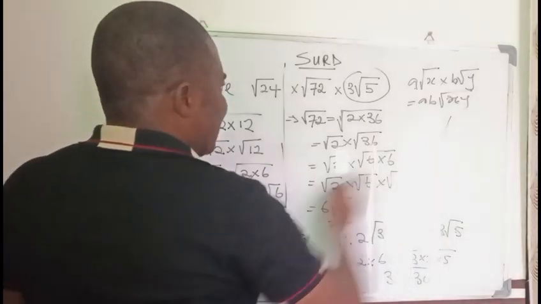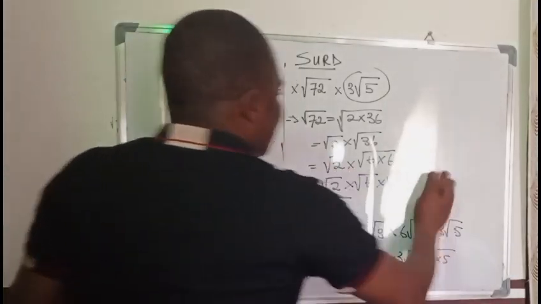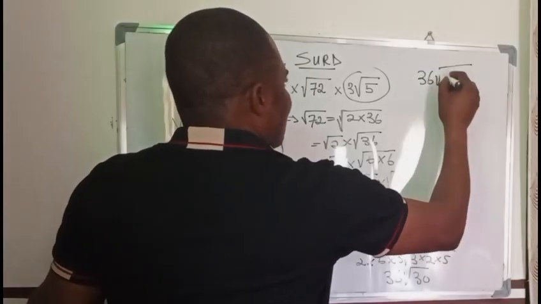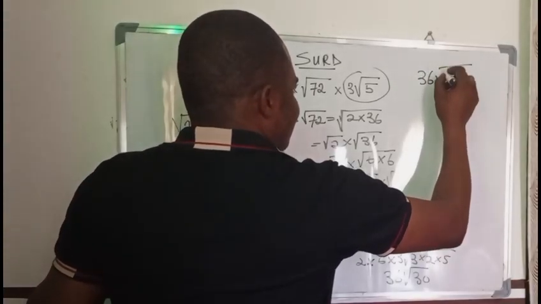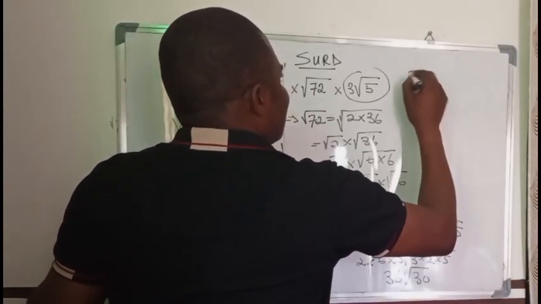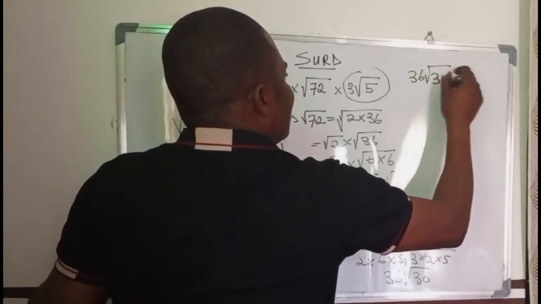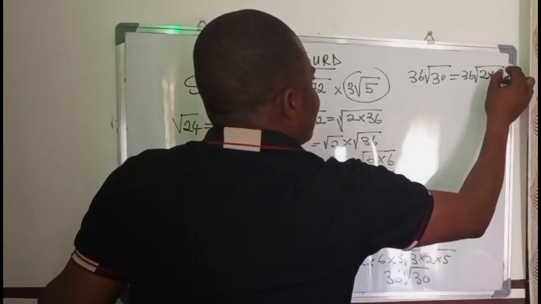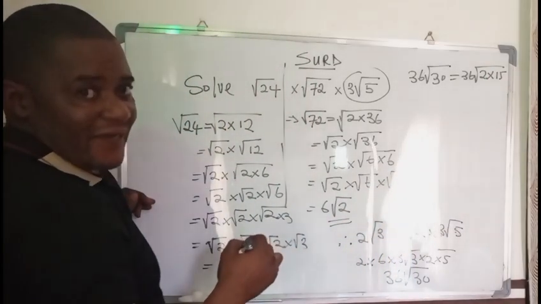And if it is actually that, it means you have 36 to the sword of 30 is equals to 36 to the sword of 2 times 15. Okay?